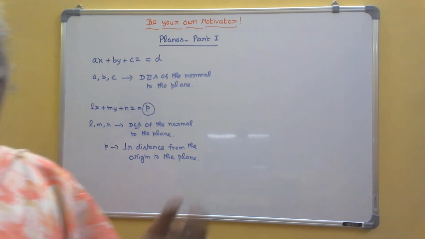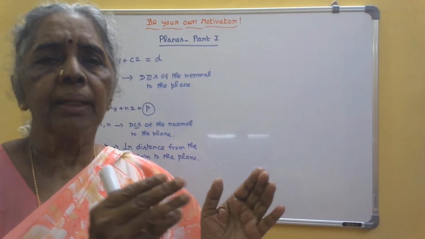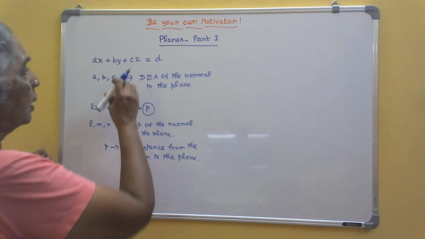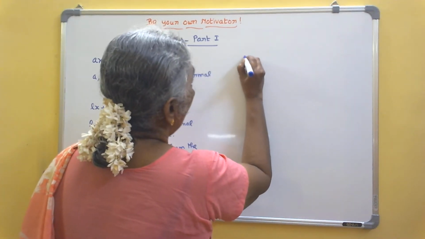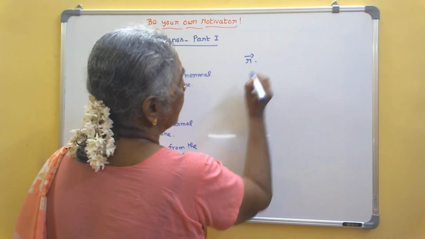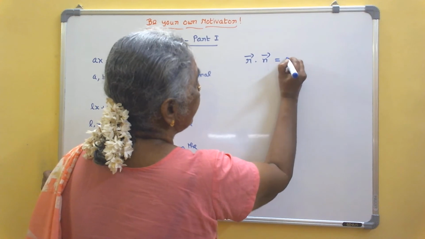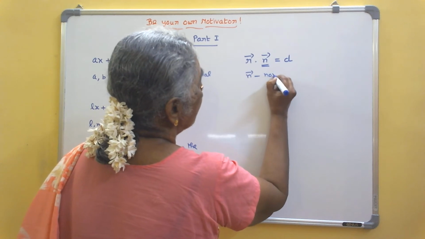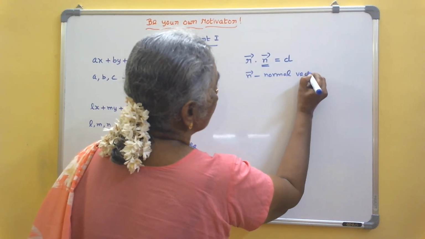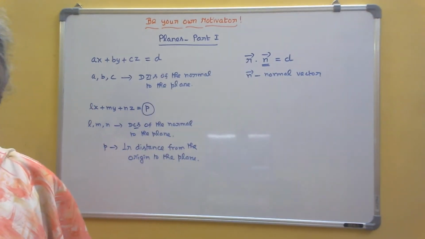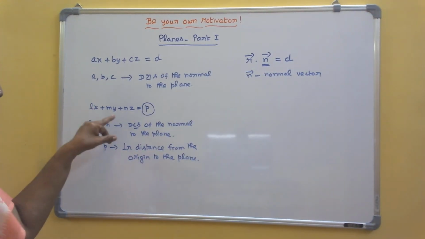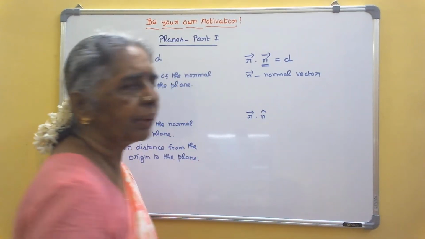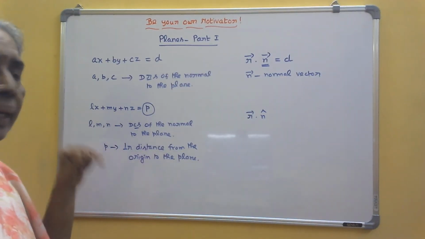Now, let us see the corresponding vector equations. Now, this I can write as r vector dot n vector is equal to d. Here this n vector is called the normal vector. Okay, this is the corresponding vector equation. Corresponding to this I can write r vector dot n cap is equal to p, because here l, m, n are direction cosines.